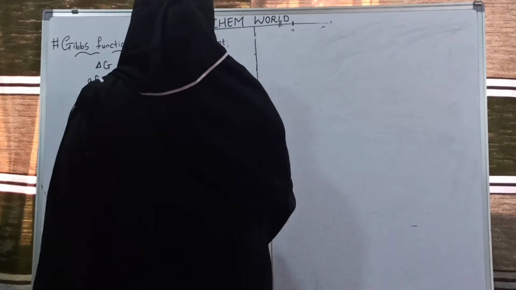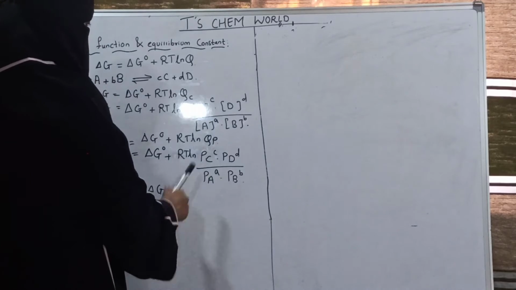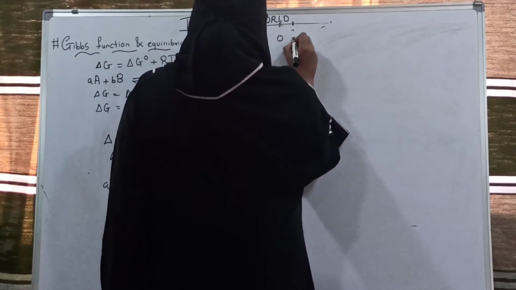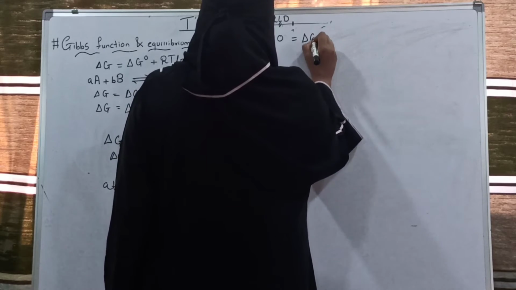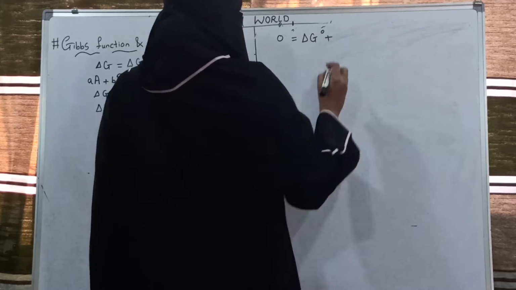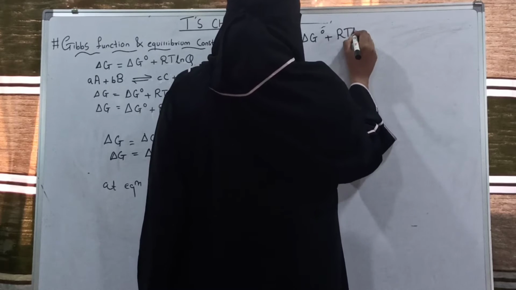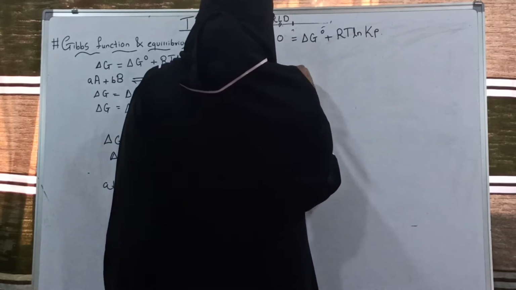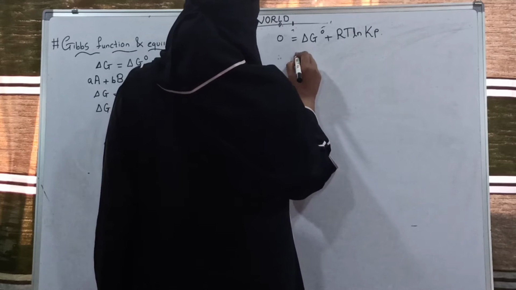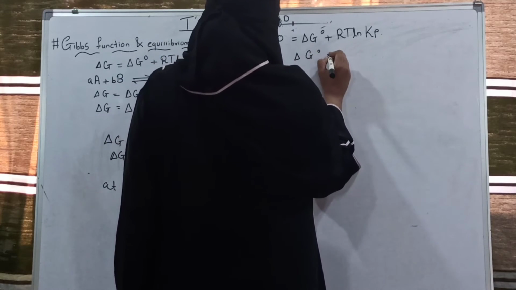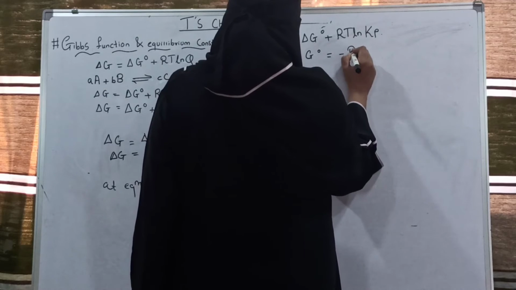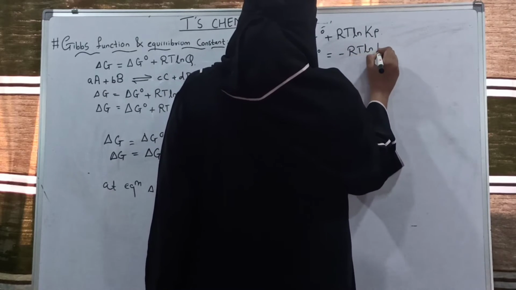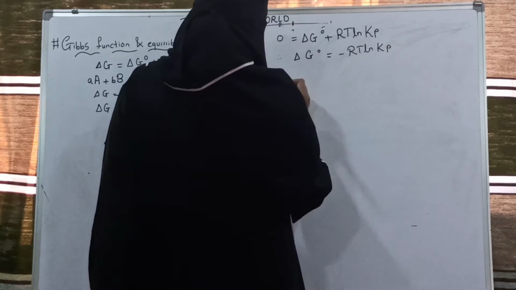That is, at equilibrium delta G is equal to 0, therefore 0 is equal to delta G0 plus RT ln of Kp, therefore delta G0 is equal to minus RT ln of Kp.